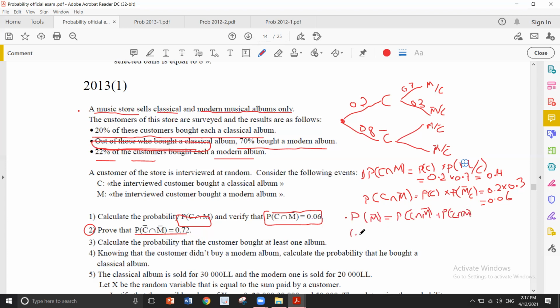So 1 minus probability of M equals 0.06 plus probability of C bar intersection M bar.